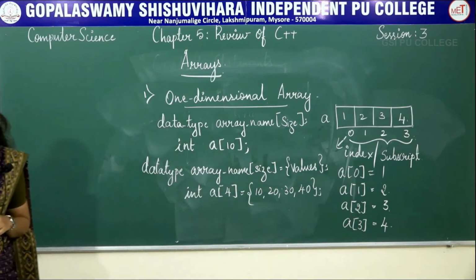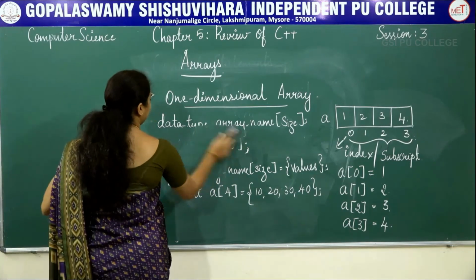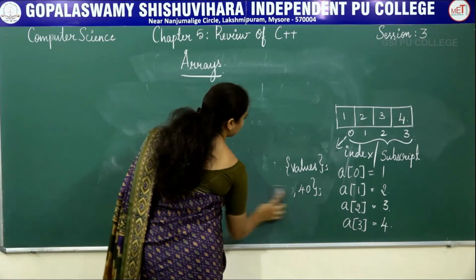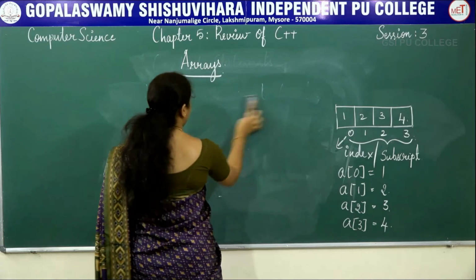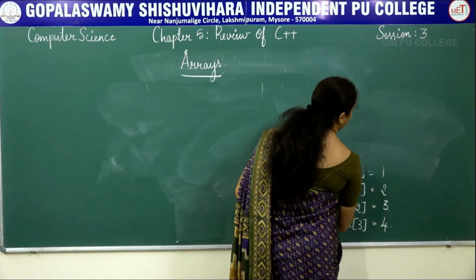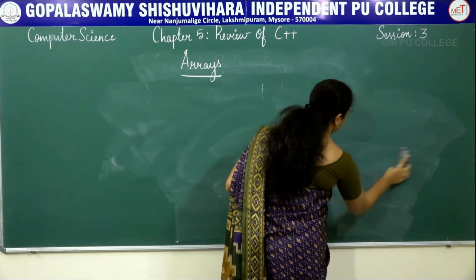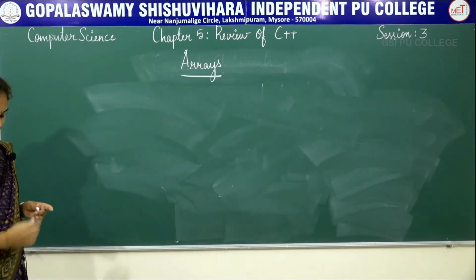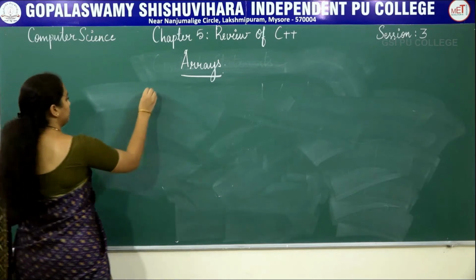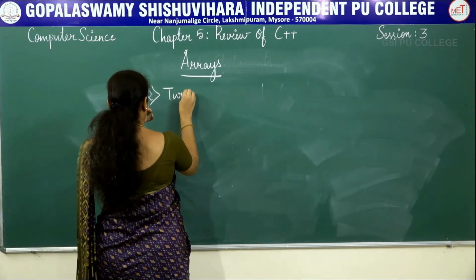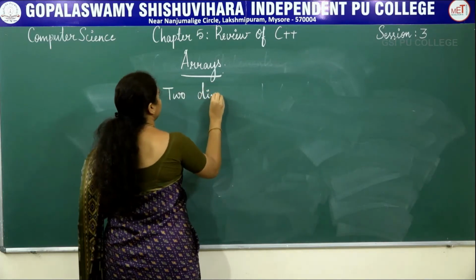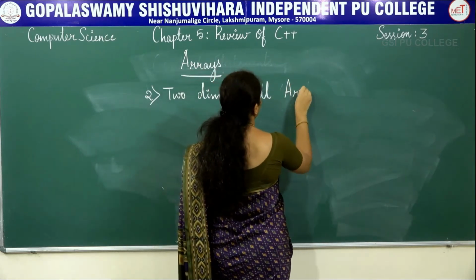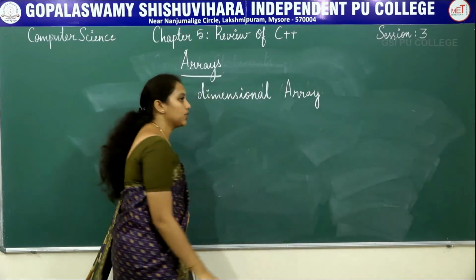Next type is the two-dimensional array. What is a two-dimensional array?